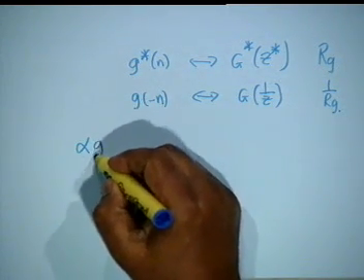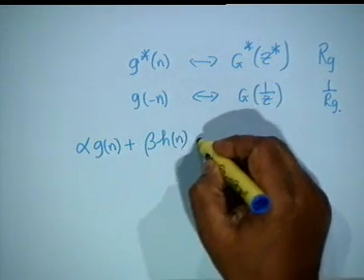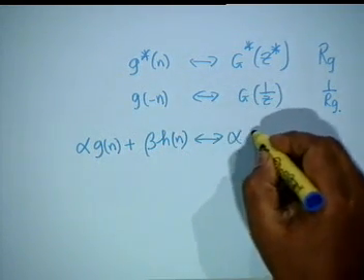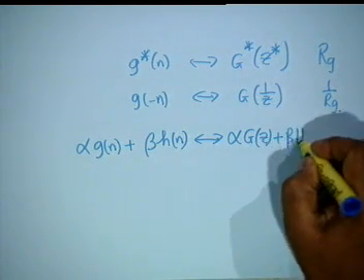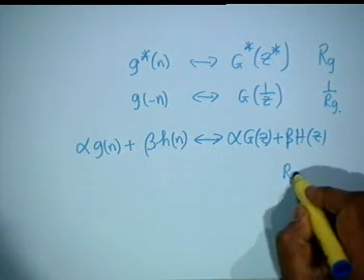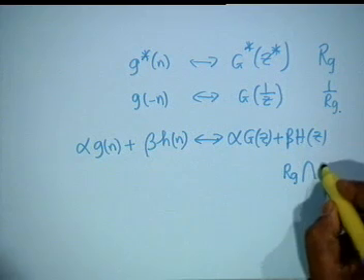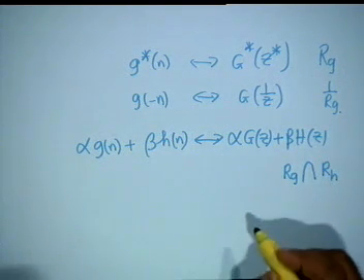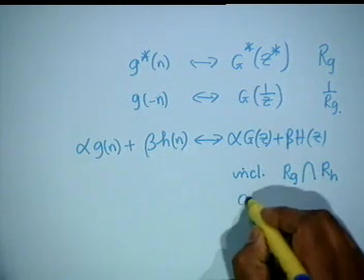Then for alpha G of n plus beta H of n, the Z transform was alpha G of Z plus beta H of Z, and the ROC includes the intersection of Rg and Rh, but it can be wider.